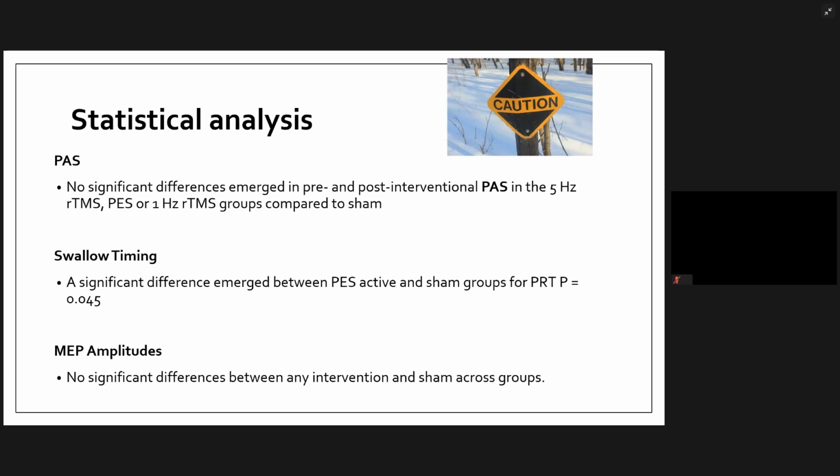However, with regards to swallowing timing, specifically with regards to the PES group, there was a difference which was significant between the active and sham groups for thin fluids, with a p-value of 0.045.